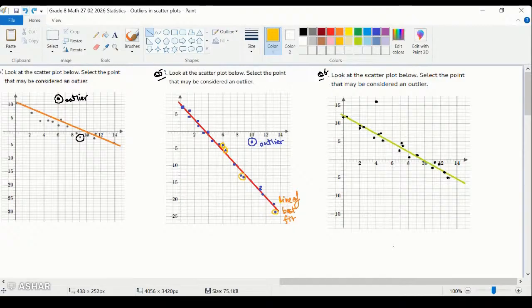Open-ended question means different answers are acceptable, because the line of best fit can be drawn with a little difference, right? So in this case, this should be the outlier, because this point is not following the trend. The trend means it's not near the line. Agreed?